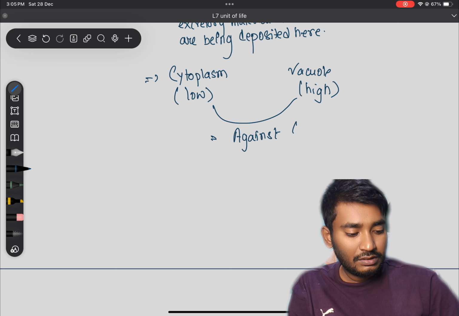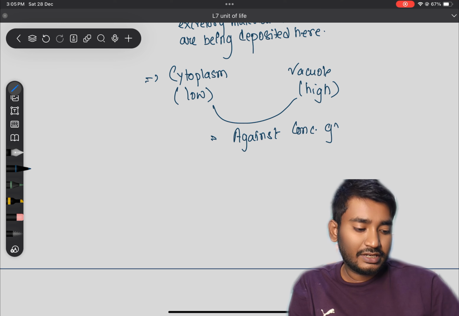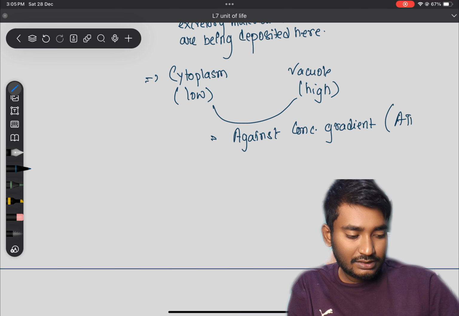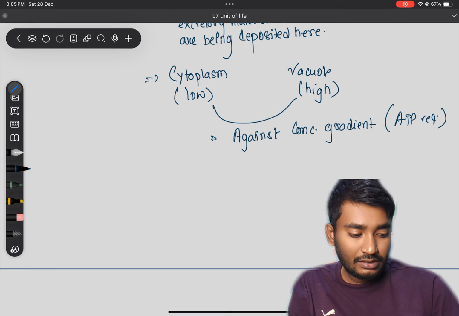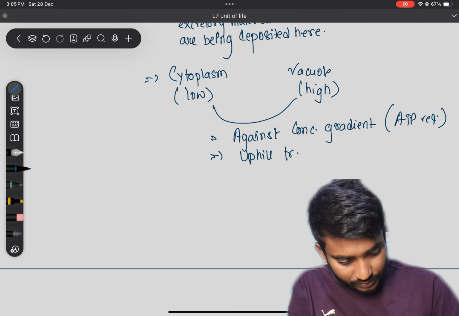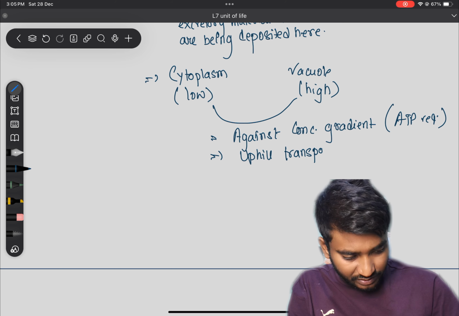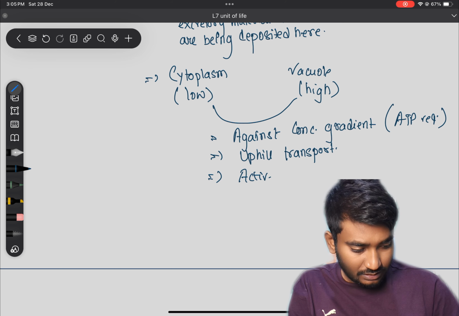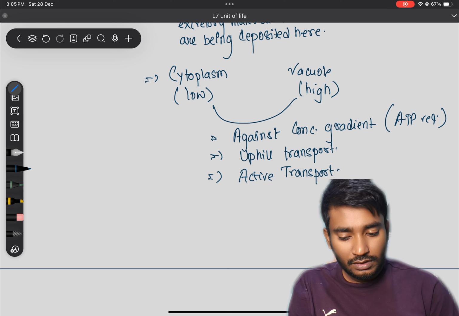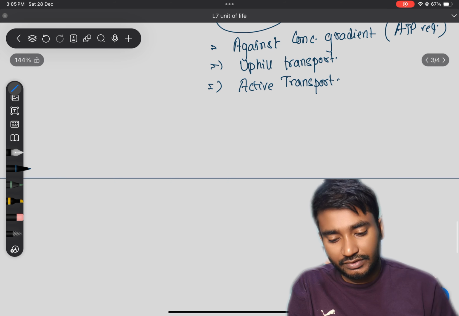Movement against the concentration gradient requires ATP. It is uphill transport, also called active transport.